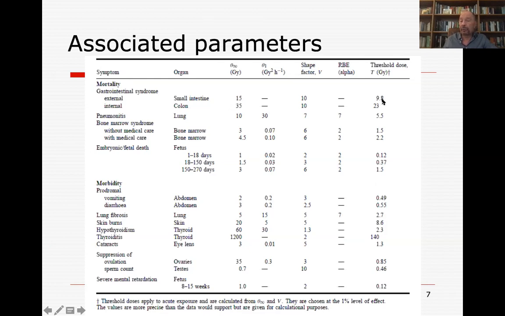You see the threshold dose is like 10 gray here, but if you go to the bone marrow syndrome, the threshold dose without medical care is only 1.5 gray, and the D50 is approximately 3 gray, with a D1 factor of 0.07 that modulates for the dose rate. If you have medical care, it goes up to 4.5 gray, 0.1 gray per hour is the dose rate correction factor, and 2.2 is the threshold dose.